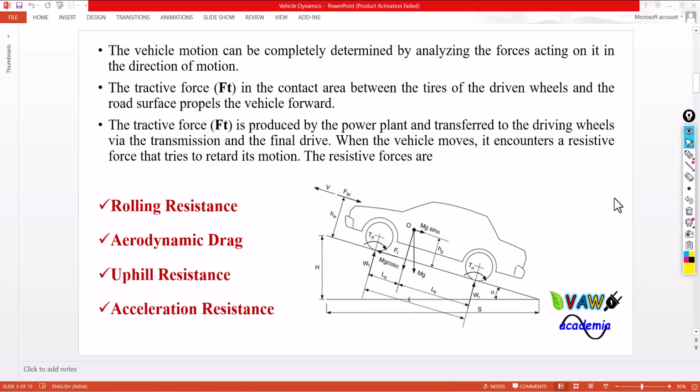In electrical, the unit of resistance is ohms, whereas in mechanical terminology, the unit of resistance is Newton. So resistance is a common word, you can use it anywhere accordingly, but you have to use proper units. First, we'll discuss rolling resistance, aerodynamic drag, uphill and acceleration resistance with the help of equations. Then we'll move on to Matlab simulation.